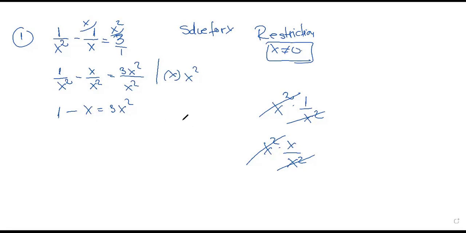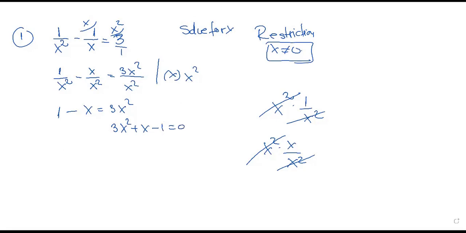That was a smart one, because this is completely different, so my brain kept thinking of the other questions. I also have to watch out for things like that in case my school tries to do that. They will, for sure. So then it becomes 3x squared plus x minus 1 equals 0.